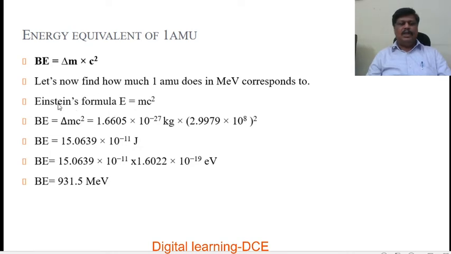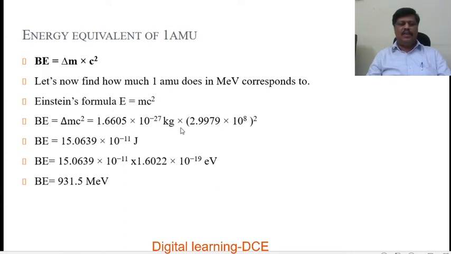We know Einstein's mass-energy relation E = mc². Therefore, energy is equal to Δm c², where Δm is the mass of 1 AMU, that is 1.6605 × 10^-27 kg, into the speed of light 2.9979 × 10^8 whole square.